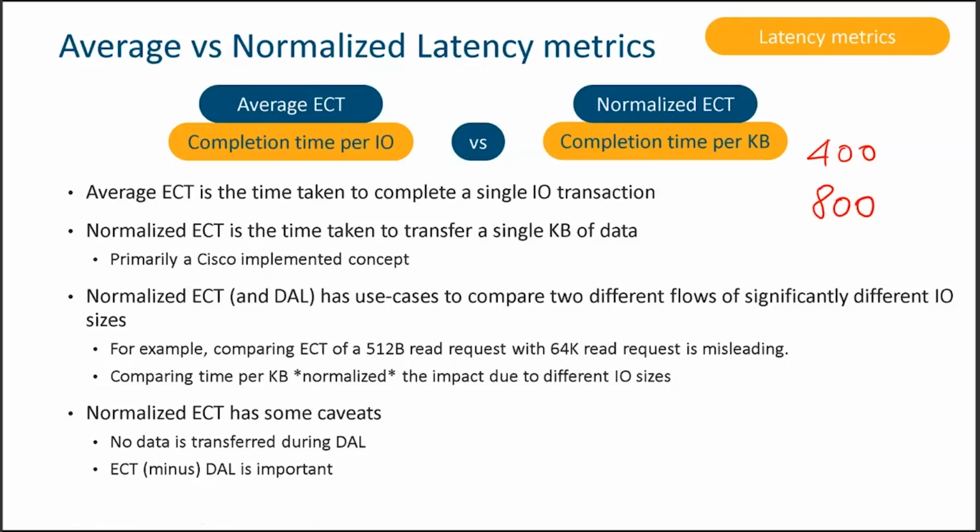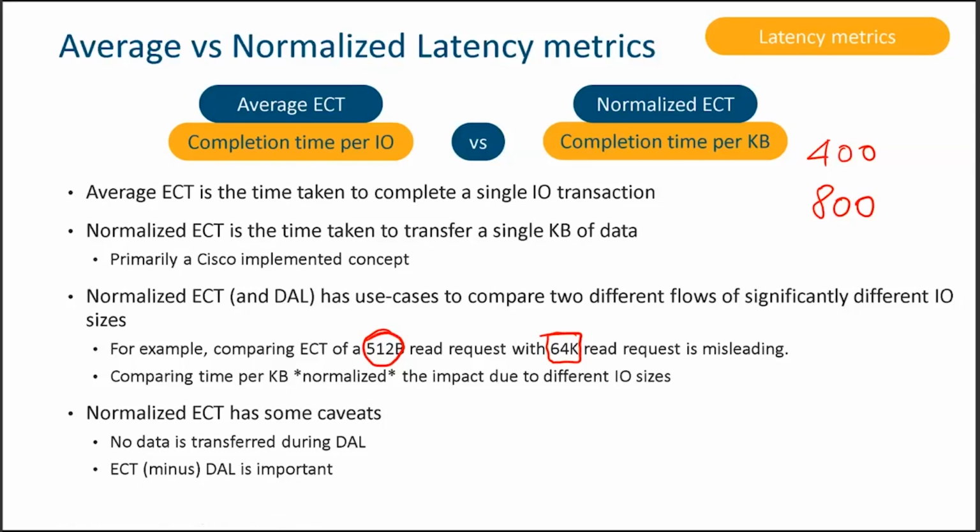But does it make sense to compare the completion time of a 512 byte IO to a completion time with an IO of 64K? Does it really make sense? This is where the other concept of normalized ECT comes into play, where we say this is the amount of time taken to transfer a single kilobyte of traffic.